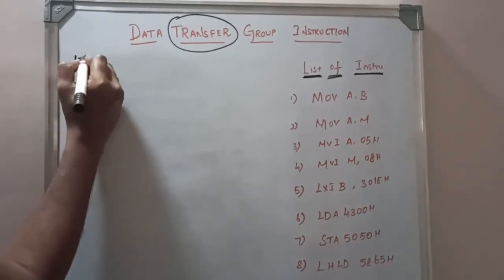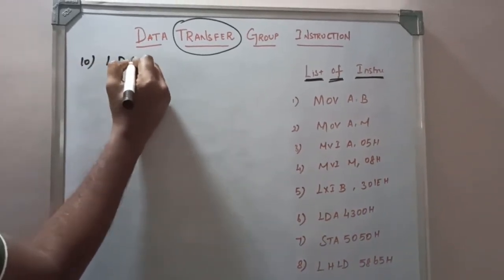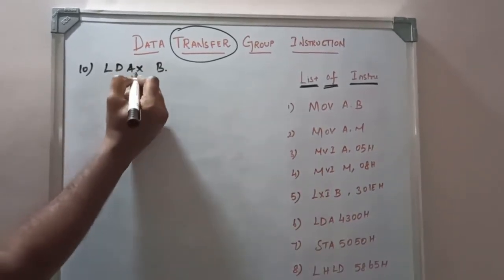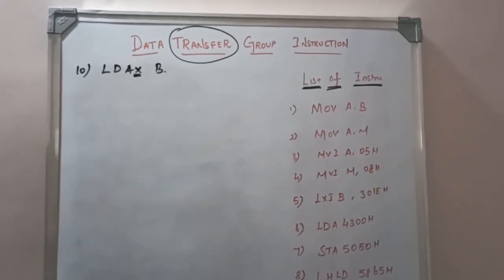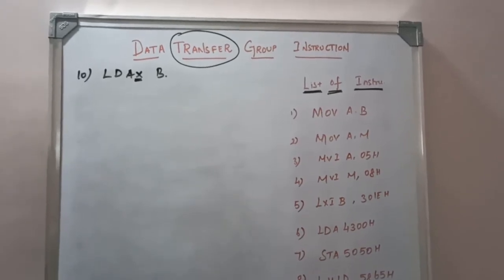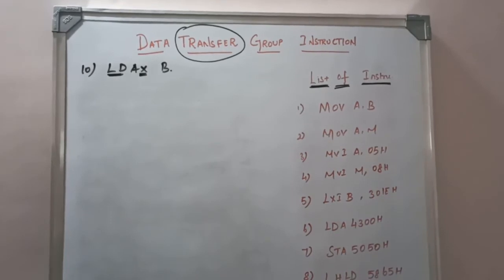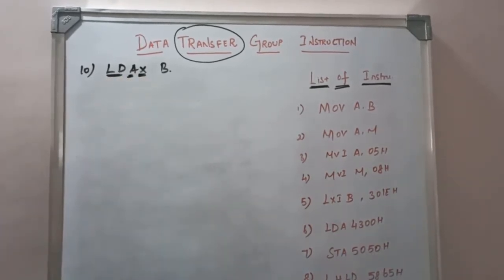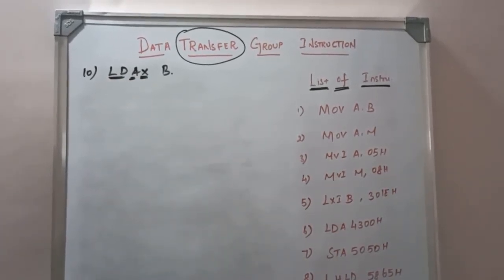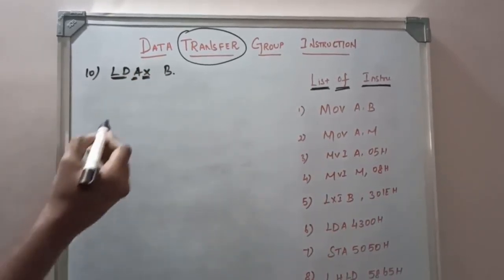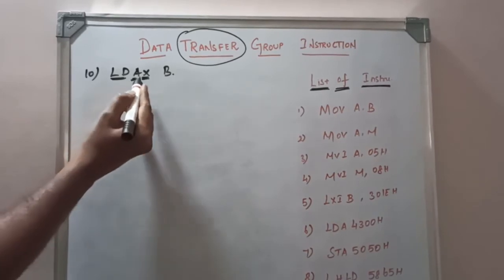10th one, LDAX B. I already told you the X represents that a 16-bit address is present in the source pair. LD is load, A is accumulator. So load the content from the B register to the A register, not the B register alone. Here the pair register is considered, because X is passed in the instruction itself.